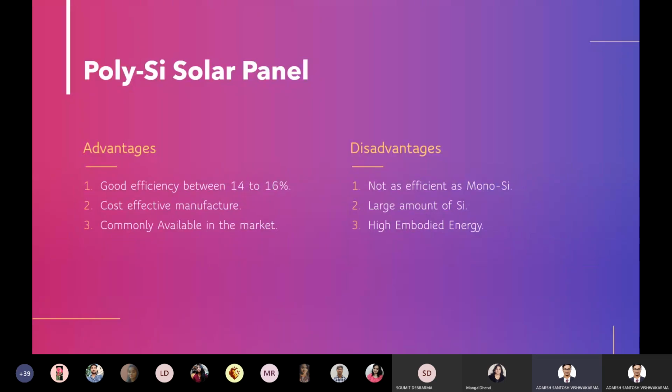Polysilicon solar panels have a good efficiency between 14 to 16%. Compared to monosilicon solar panels, they are cost effective and commonly available in the market.